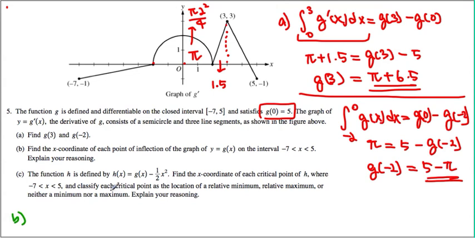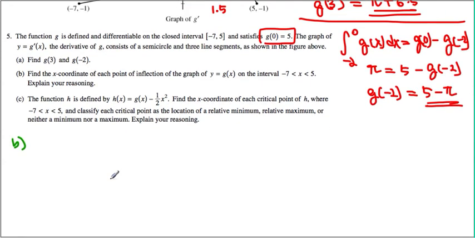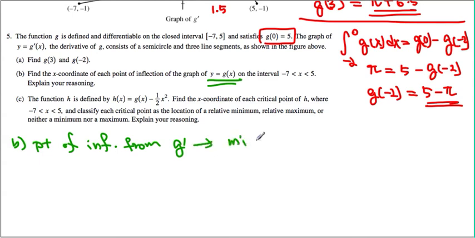All right, let's look at part B. Part B, here we have find the x-coordinate of each point of inflection. Now, how do you find the point of inflection? Point of inflection from g prime is simply a minimum or maximum of g prime.